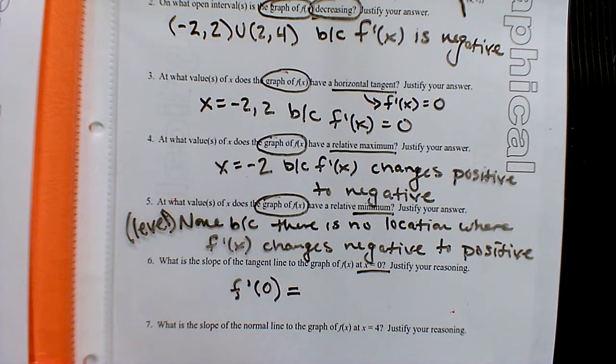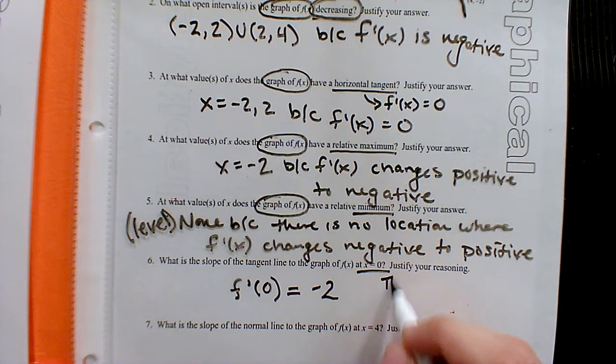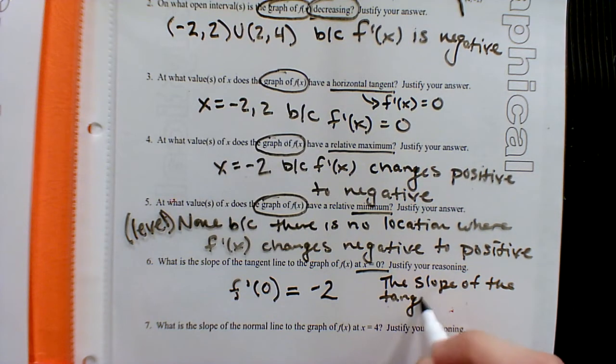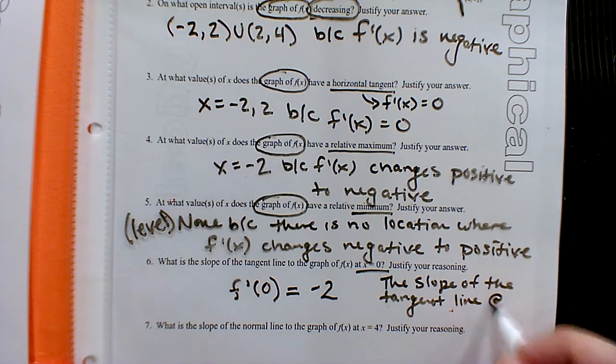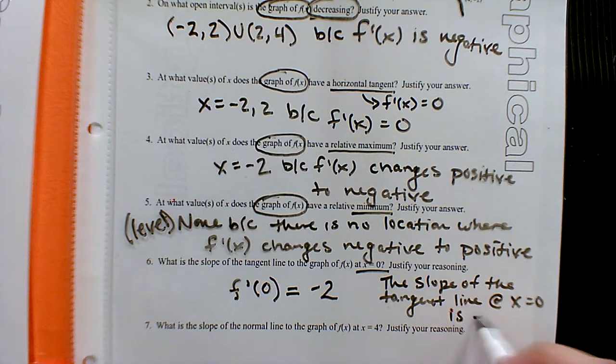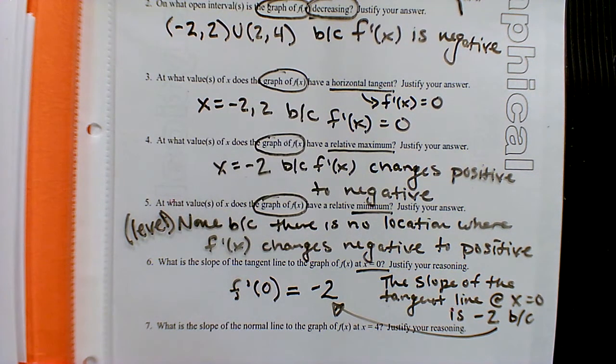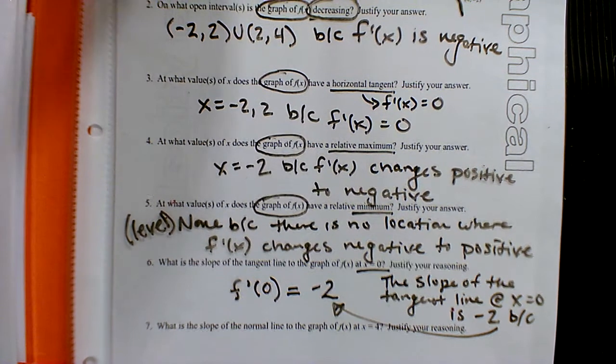What's the point value you would get out? -2. So we would say the slope of the tangent line at x equals 0 is -2, because we'll use that mathematical notation as our reasoning. The slope, aka derivative at 0, based off the graph, was -2.